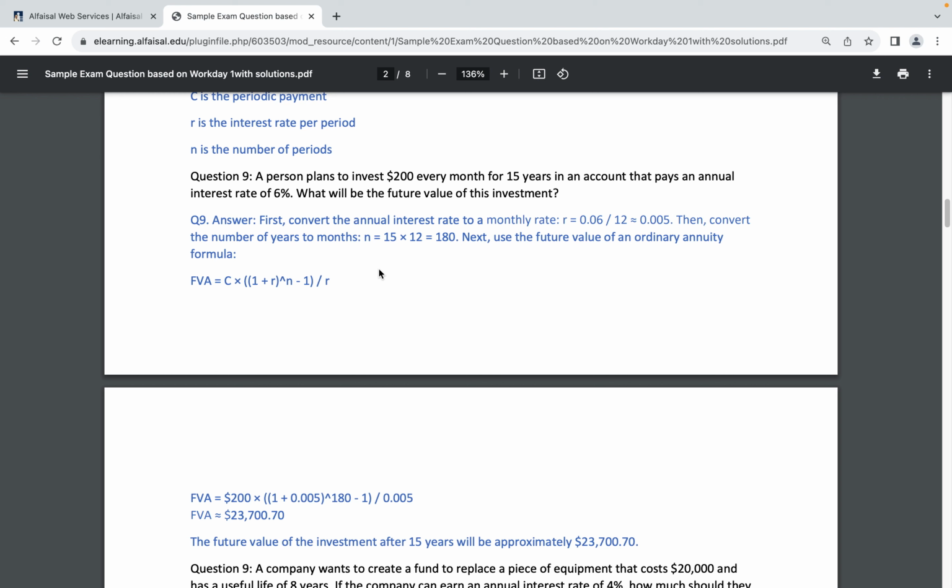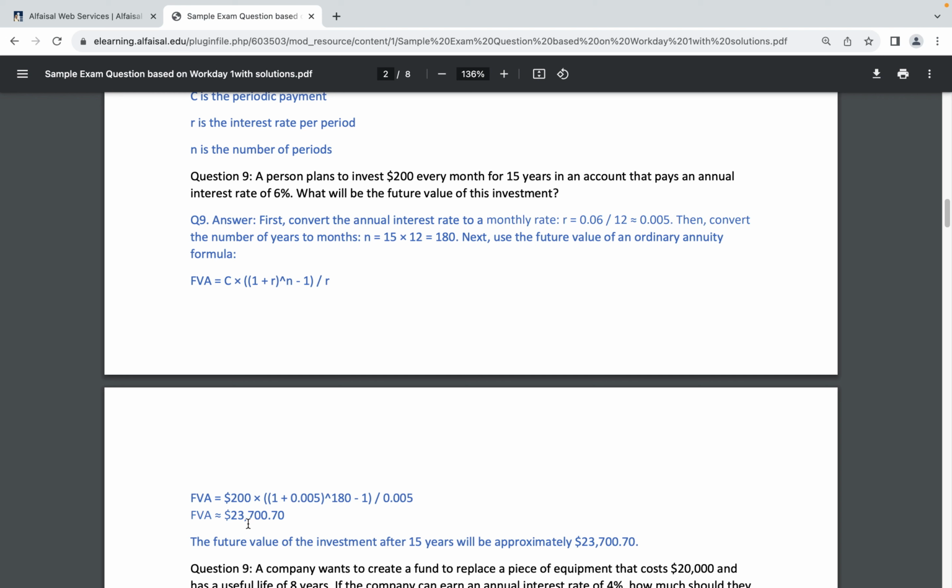Now we have all the ingredients we need to calculate our future value annuity. C in this instance is $200 multiplied by 1 plus 0.005, or 0.5%, raised to the power of 180, 180 being the number of payments there are in 15 years, minus 1, divided by 0.005.